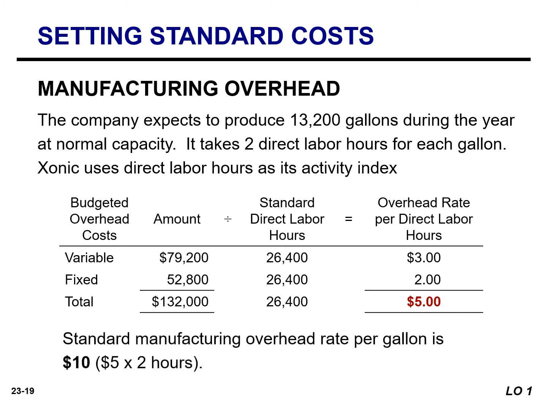The standard manufacturing overhead cost per unit is the predetermined overhead rate of $5 multiplied by the activity index quantity standard. The standard manufacturing overhead cost per gallon is $10, and that is found by taking the $5 per labor hour multiplied by the 2 hours.